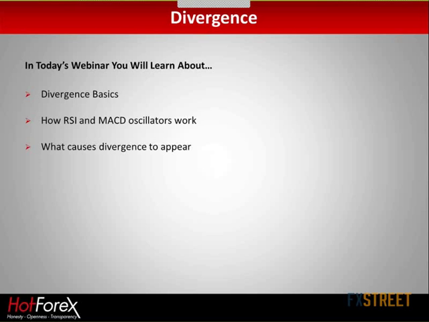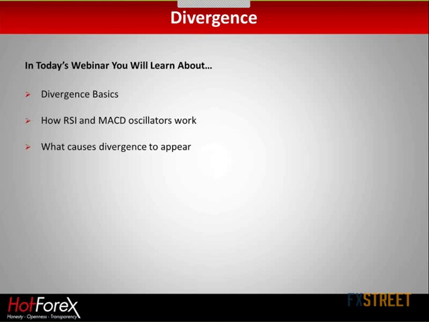Then, what causes the divergence to appear? That's a really good question, because too often traders just take things for granted. They think that if you see something happening in the marketplace, it's just going to happen for some X, Y, Z reasons.